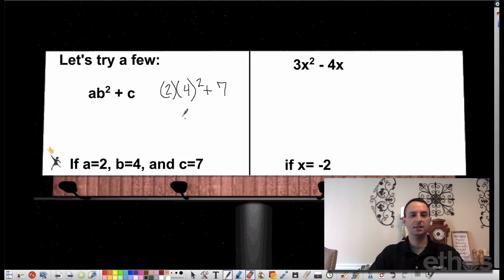If I had done this and forgotten the parentheses, a common mistake students will make is this. Then it looks like 24 squared versus 2 times 4 squared. So don't do that. We follow the order of operations, so that becomes 2 times 16 plus 7. 2 times 16 is 32, plus 7 is 39.